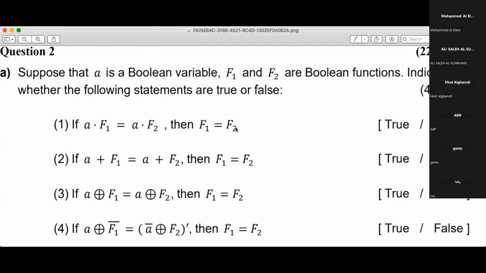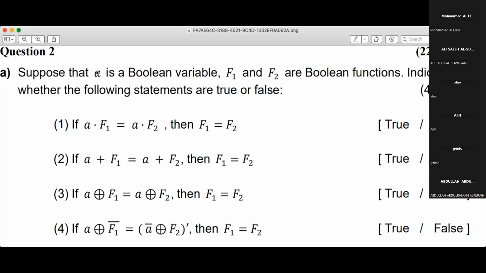Is this a true statement? False. Why is it false? Because if A is 0, then the result will always be the same.